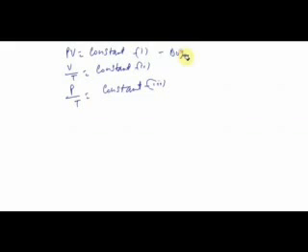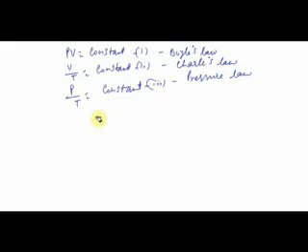This was Boyle's law, this was Charles' law, and this was pressure law. So if we combine these three equations, we'll get PV by T is constant.